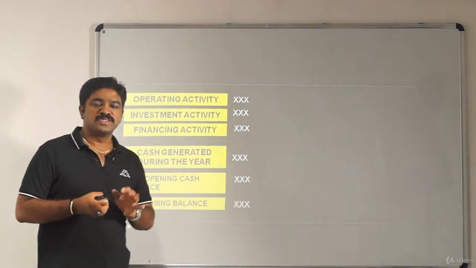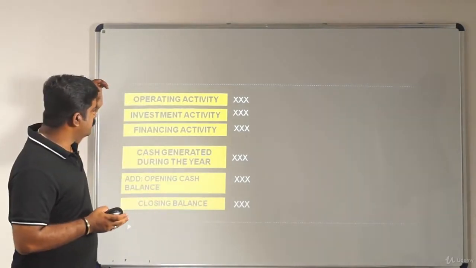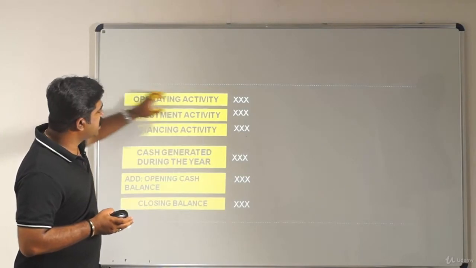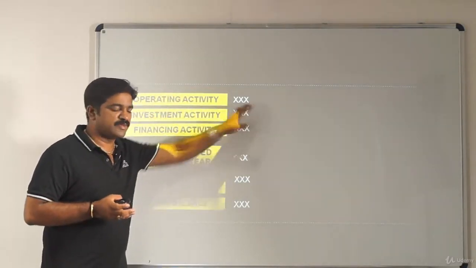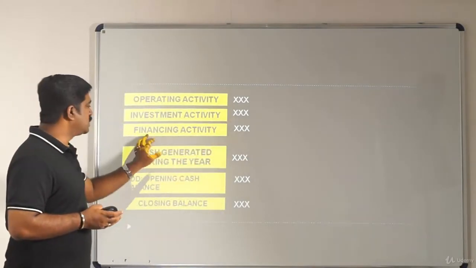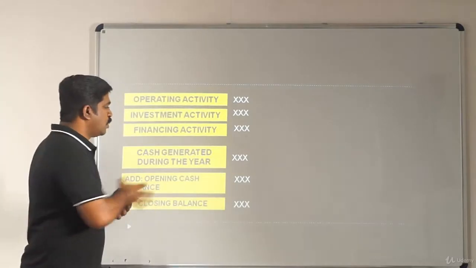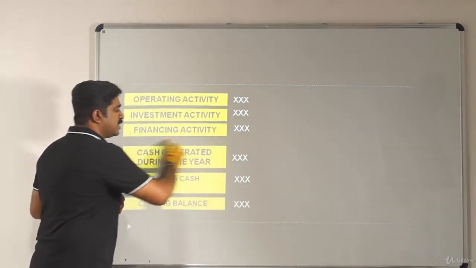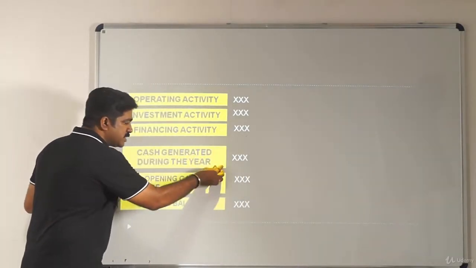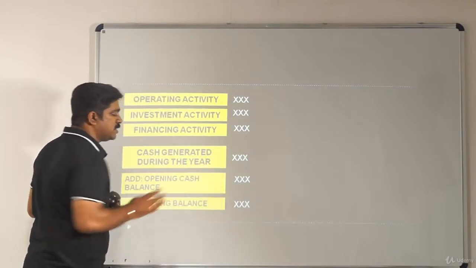Okay, so this is the abridged structure of a cash flow statement. The cash flow statement would give us an idea how much cash has been generated from operating activity, how much from investment activity, how much from financing activity. So all the 3 put together would tell us the cash generated during the year. Now with this, if we add the opening balance, automatically we should get the closing balance.